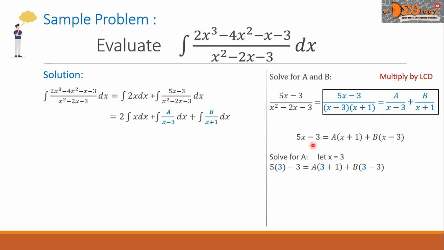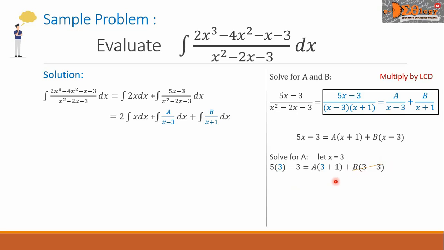Substituting 3, we have 5 times 3 minus 3 on the left side equals A times 3 plus 1 plus B times 3 minus 3. Now look at this part. The 3 minus 3 will give 0, and the 0 multiplied by B becomes 0.